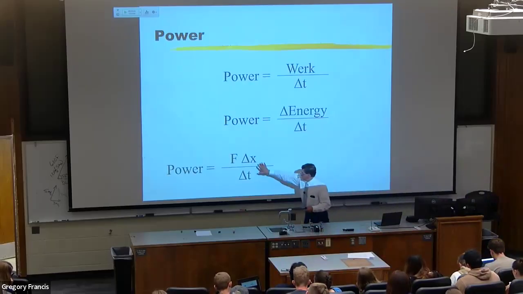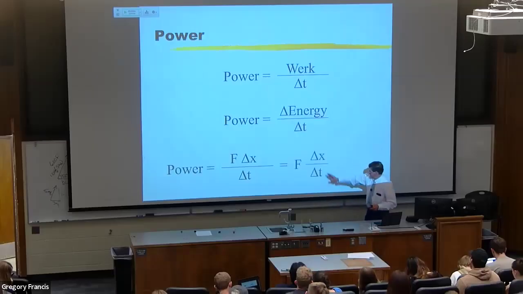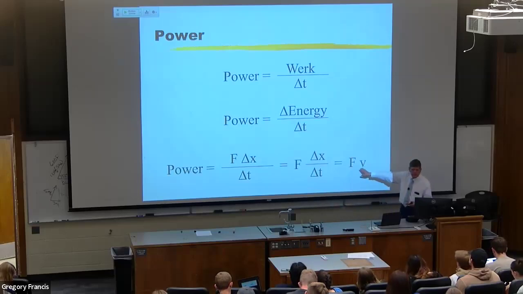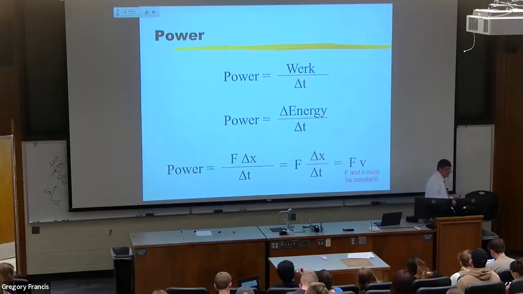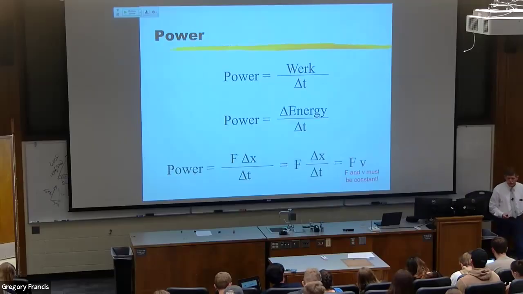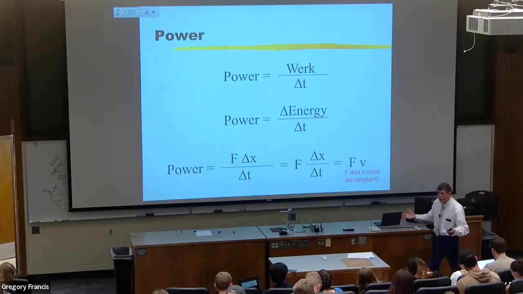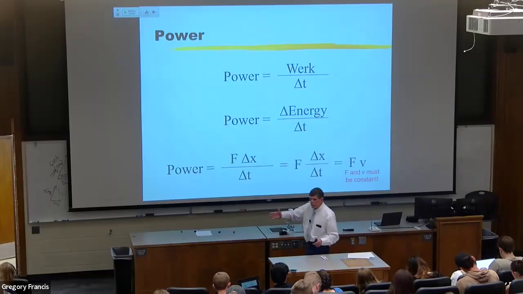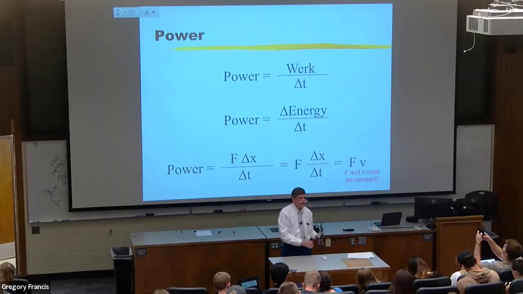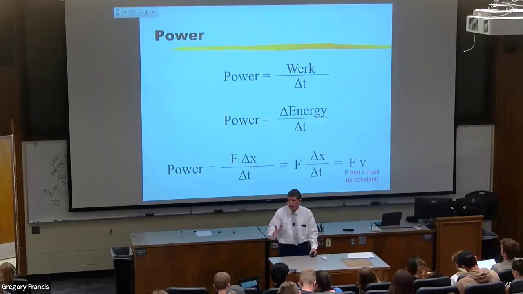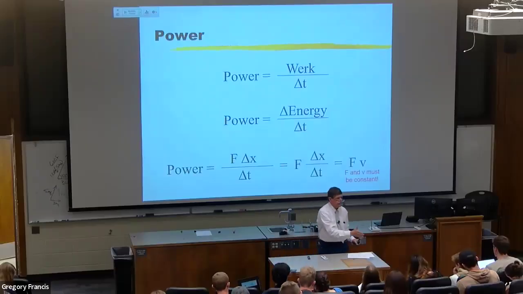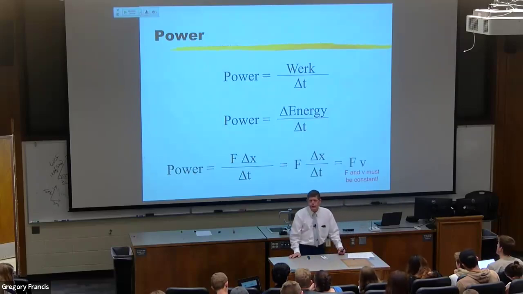And if we write that delta x over the delta t, we can write that as the force times the velocity. But this formula is only valid if the force is constant in time and the velocity is constant in time. So just that special case, which happens quite often, of something that's being pushed at a constant velocity, fighting friction. So the power delivered by the hand, if the hand is always pushing 50 newtons, 50 newtons, 50 newtons, 50 newtons, and the hand is moving it at 4 meters per second, is 200.